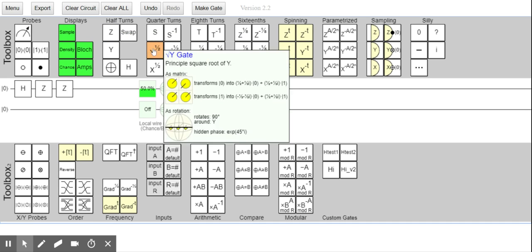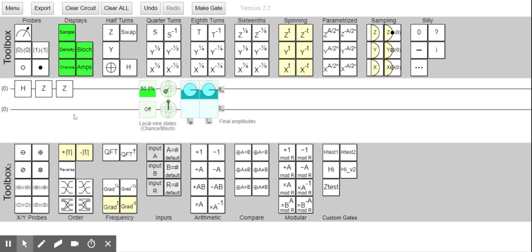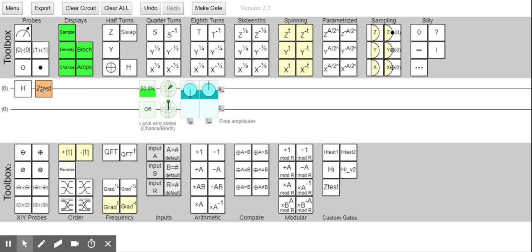If I create the same gate without that hidden phase, so just the z-axis and 180 degrees, and I'll call that Z test, the same is going to happen. Basically, you apply the Z test one, right?